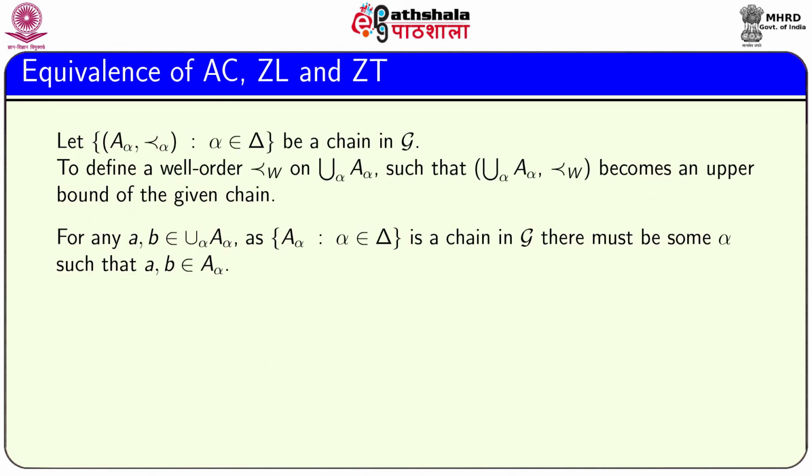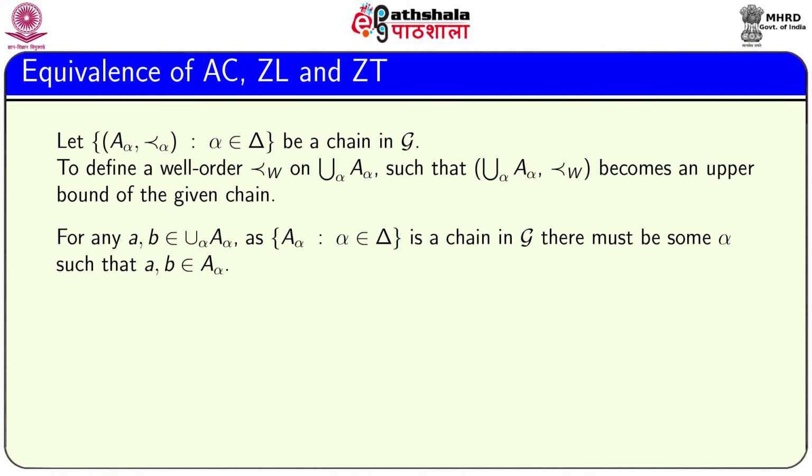Now, we take a chain in script G. We define a well ordering less W on union A alpha such that union A alpha with this well ordering less W becomes an upper bound of the given chain.